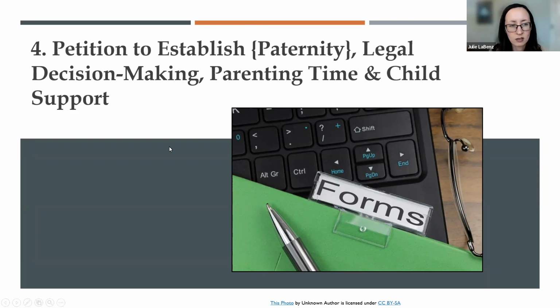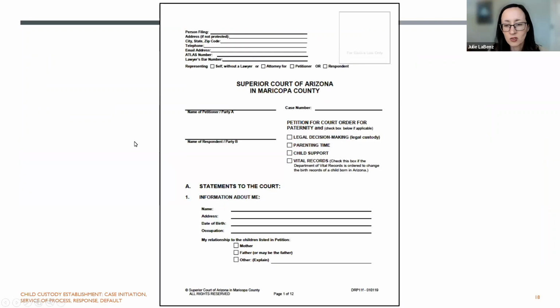All right. So here's the petition. So again, this process is for parties who have never been married. There's a separate case initiation video for parties going through a divorce, but this is for parties who have a child or children in common and are no longer living together and want to get parenting time orders in place, legal decision-making, and child support.